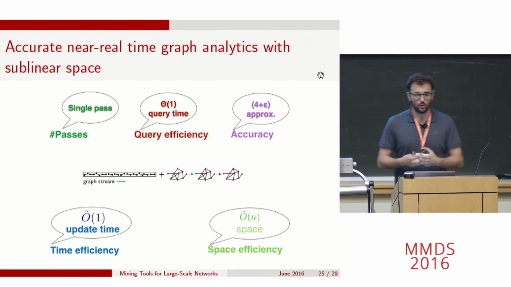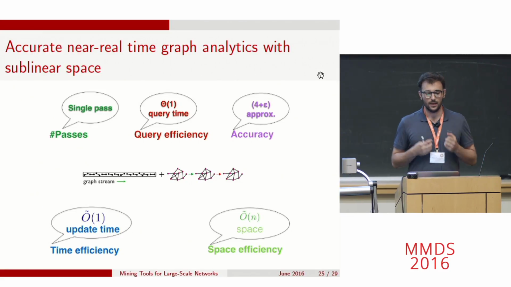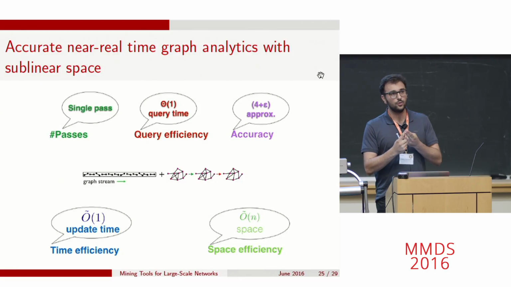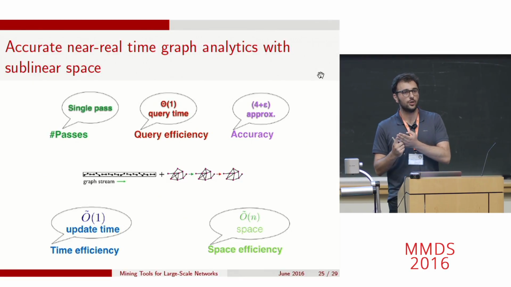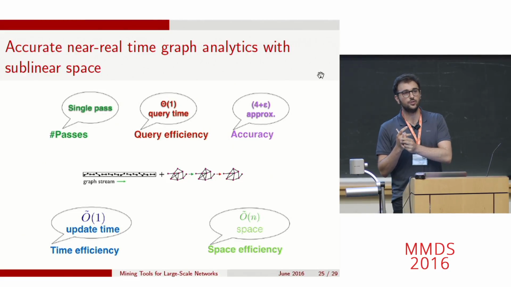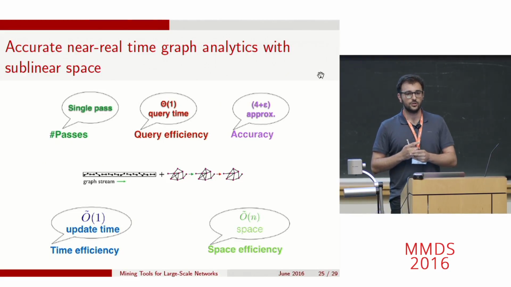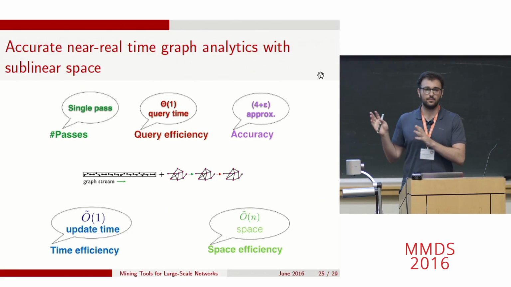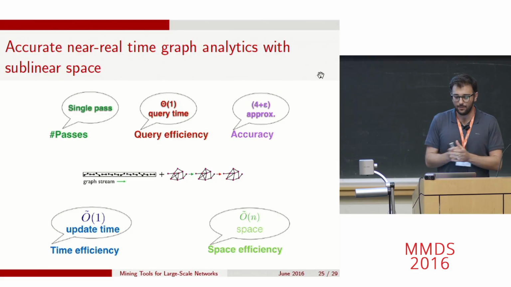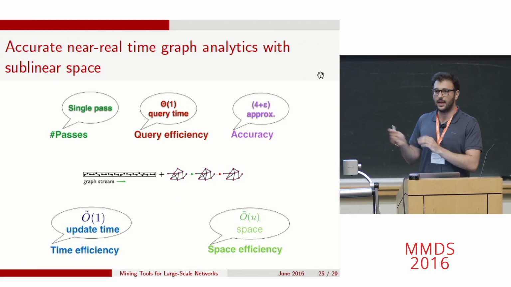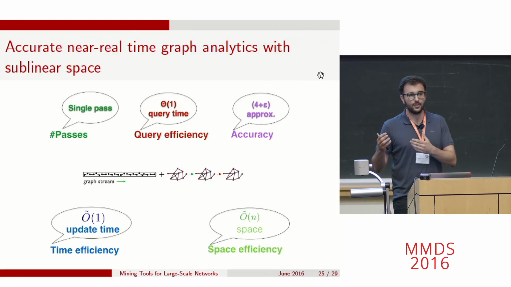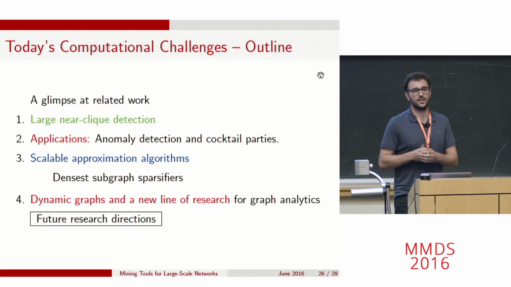We showed an algorithm that performs a single pass, achieves constant query time, gives 4 plus epsilon approximation, polylog n update time per update, and uses n polylog n space. So this is the first result, at least to our knowledge, of this type that combines streaming and dynamic. And an obvious direction is, can we come up with similar results for other types of objectives, like matchings, for instance?